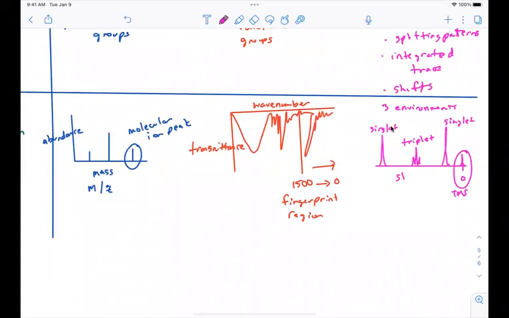Now, and down here is the shift. The shift tells you the functional group. And we'll dissect that a little bit more later on. We'll look at one and we'll analyze it for NMR. But I still have some more stuff I want to add on this chart.